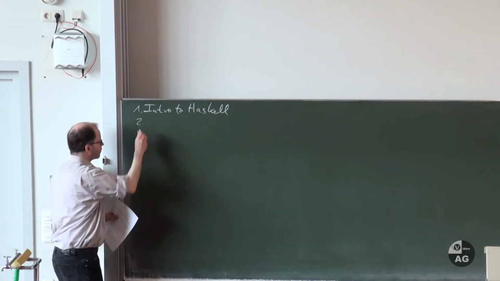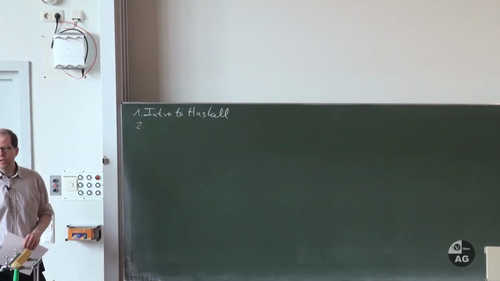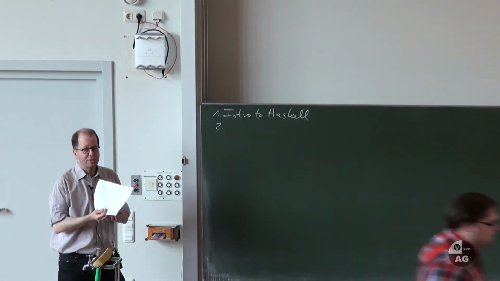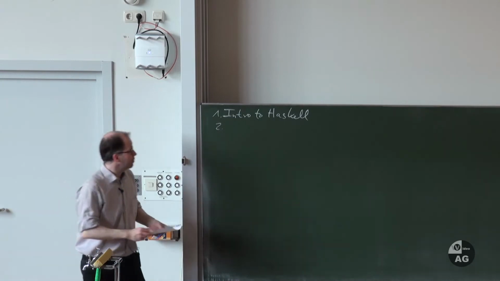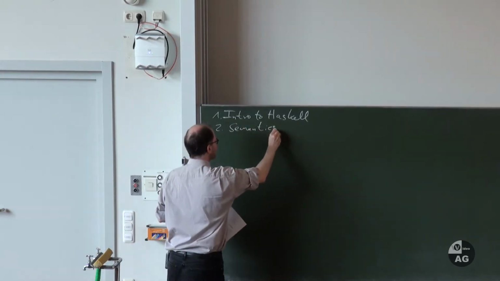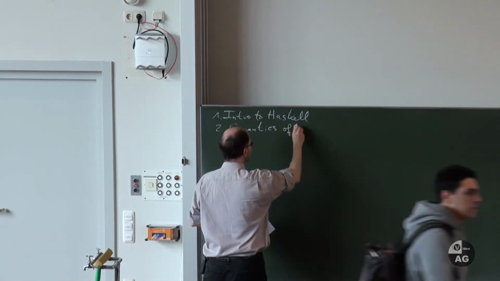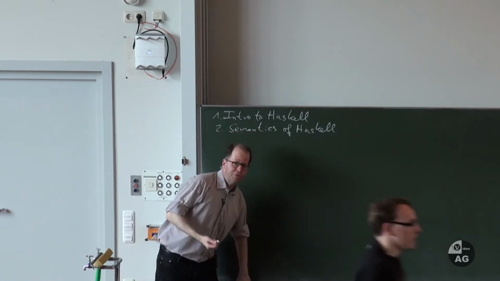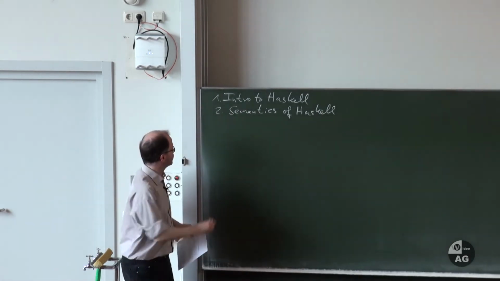So in the second chapter that we will start now, we will look at the semantics of Haskell. So how can you define what language constructs really mean? How does that work? So we will look at how to do this for functional languages, and of course, as an example, we will do this for Haskell.